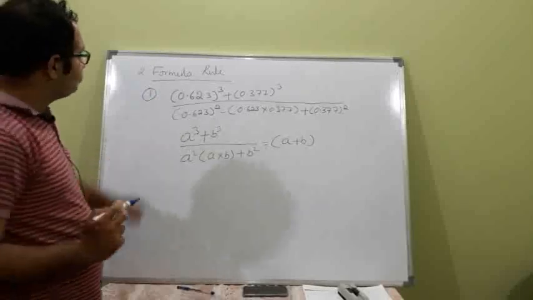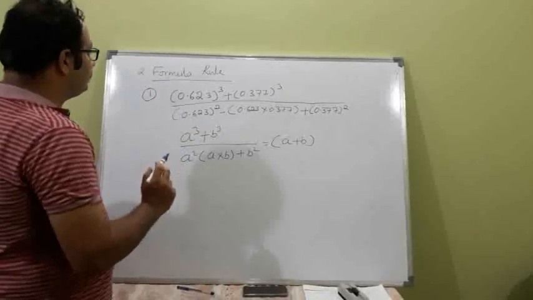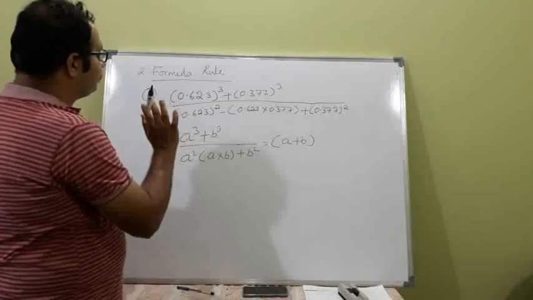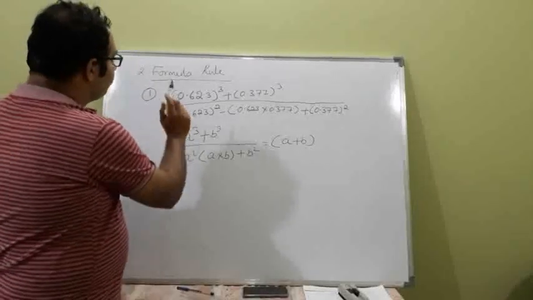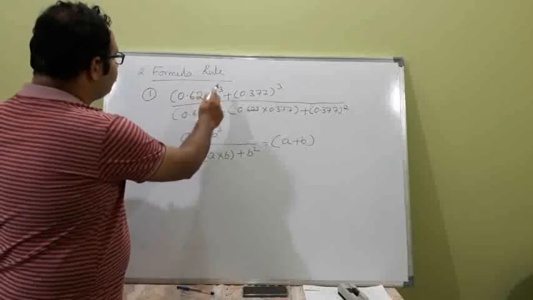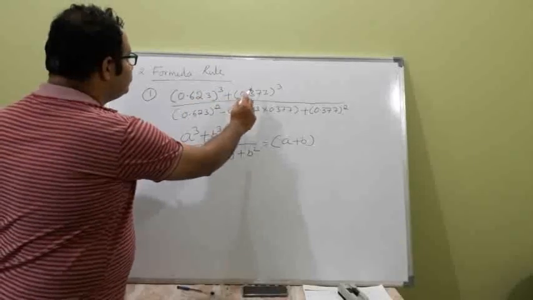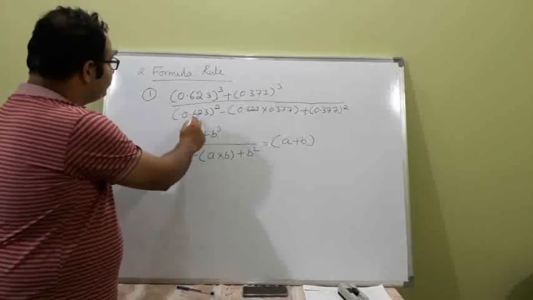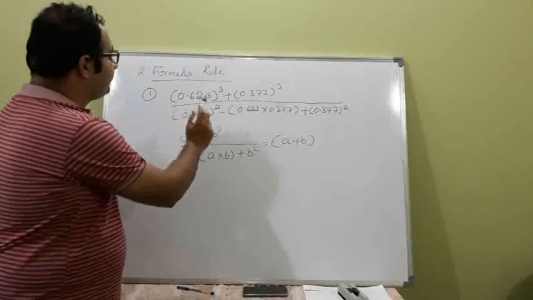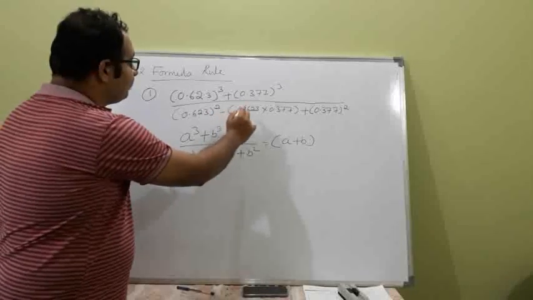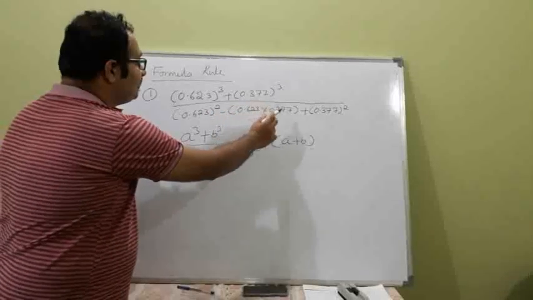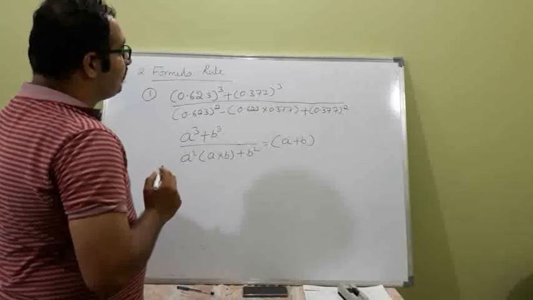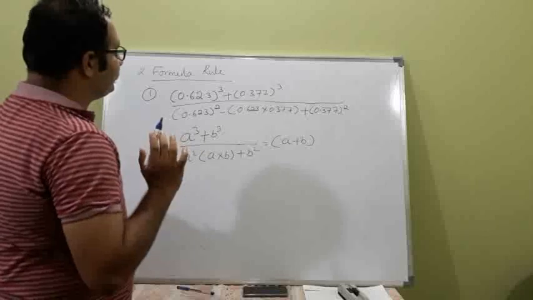Let us consider the first problem from the formula method. The problem is here. We have to solve the problem, there is no choice. 0.623 whole cube plus 0.377 whole cube divided by 0.623 whole square minus bracket of 0.623 into 0.377 plus 0.377 whole square.